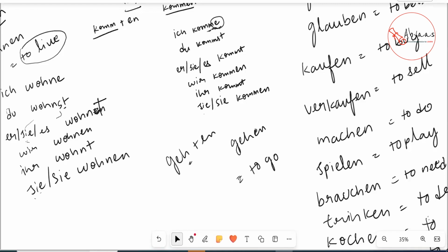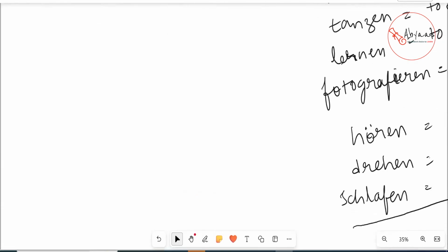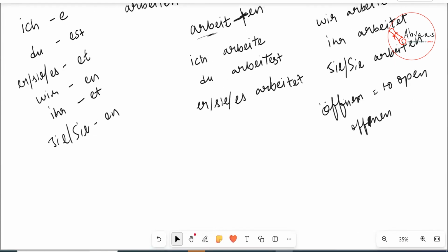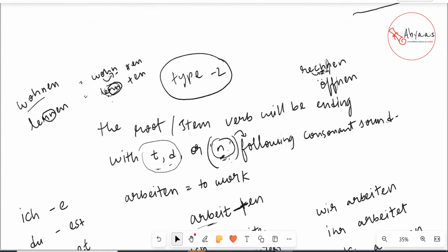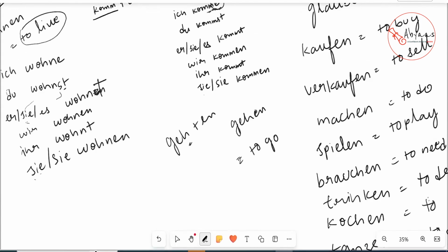Let's say kosten. So how do we write? Most of the verbs in German, if you observe carefully, are ending with en normally.